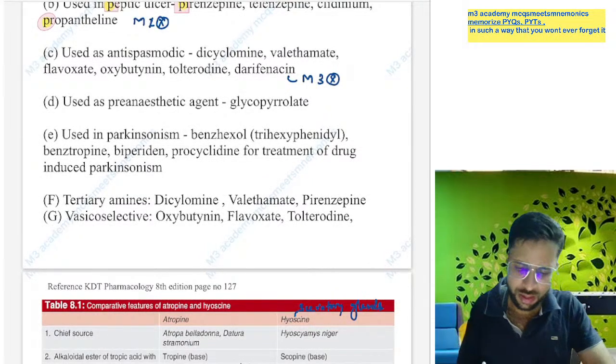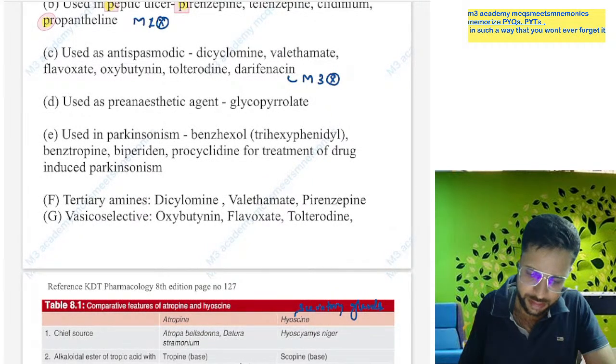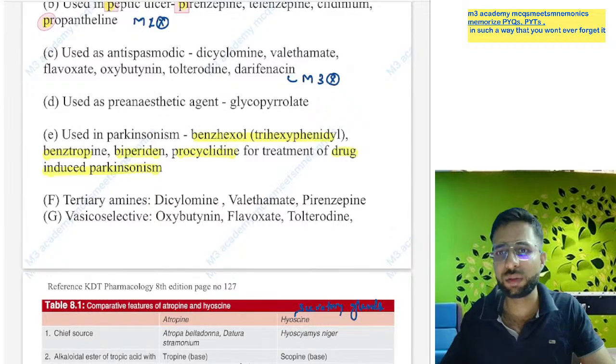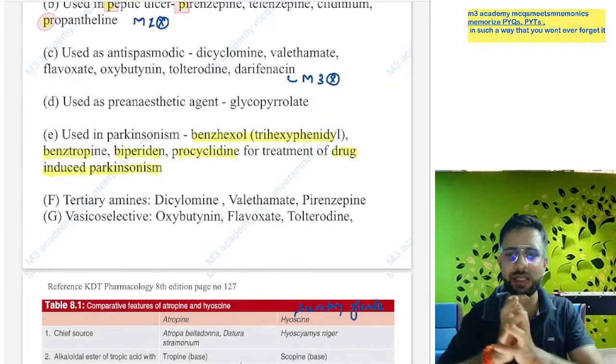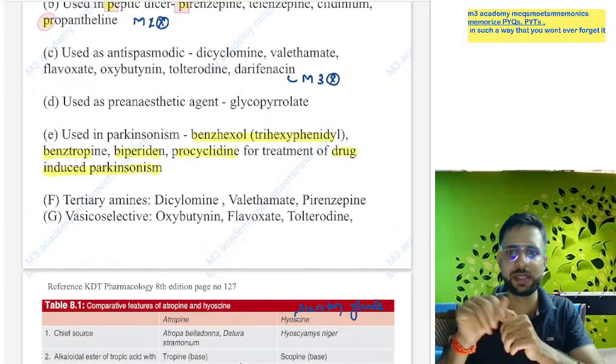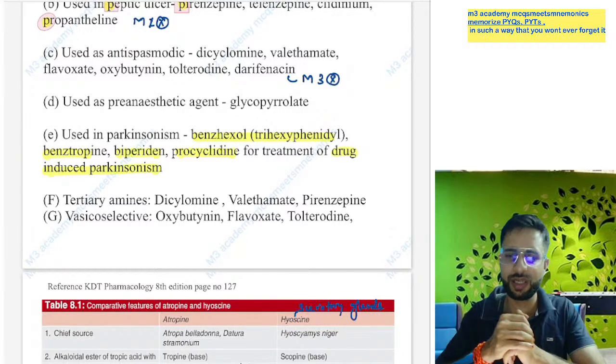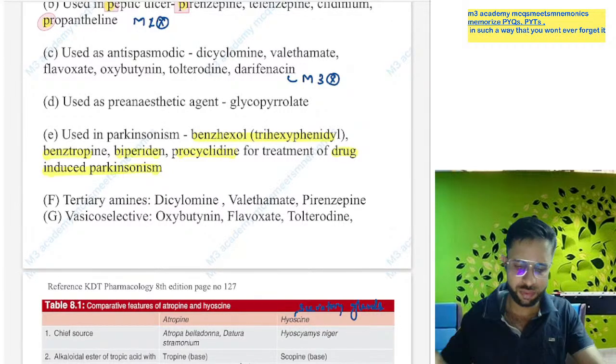Used in drug-induced Parkinsonism: benzhexol, trihexyphenidyl, benztropine, biperiden, procyclidine, used for drug-induced Parkinsonism because this antipsychotic drug blocks the dopamine receptor. So we only correct the acetylcholine part of the Parkinsonism.